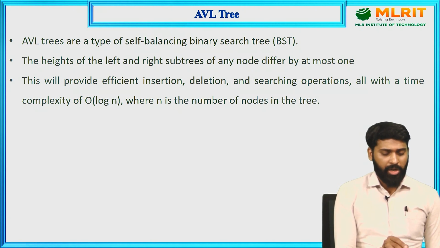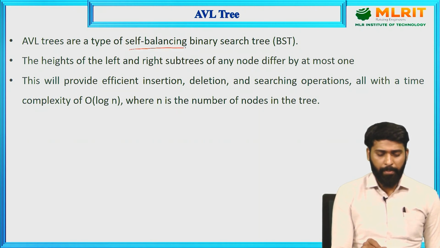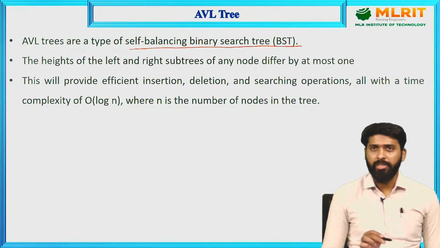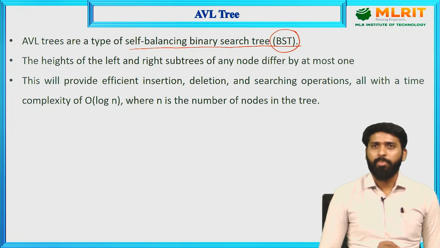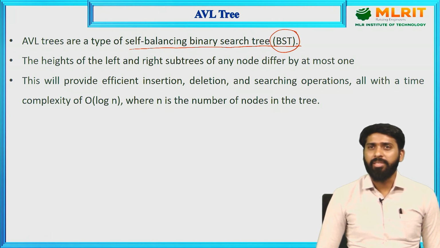AVL tree definition. AVL trees are a type of self-balancing binary search tree. So, an AVL tree is also a binary search tree. What are the properties of a binary search tree? Always the left side node value is less than or equal to the root node, and always the right side values are greater than or equal to the root.